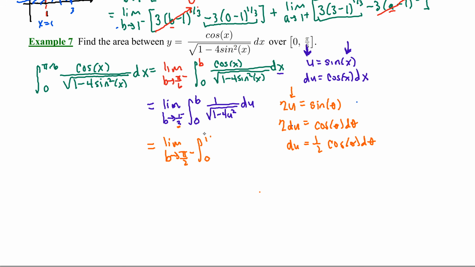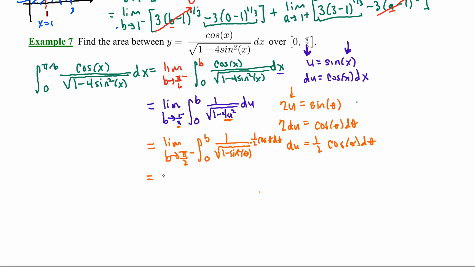So we have the integral from 0 to b of 1 over the square root of, now notice this is 2u squared, 1 minus sine squared theta, and du will replace with 1/2 cosine theta d theta.